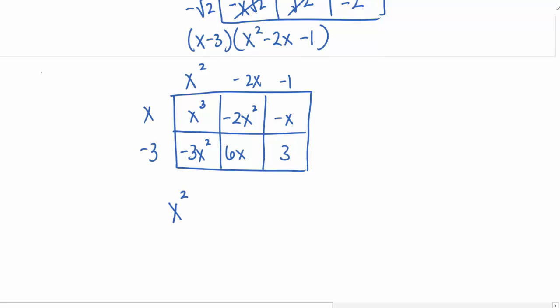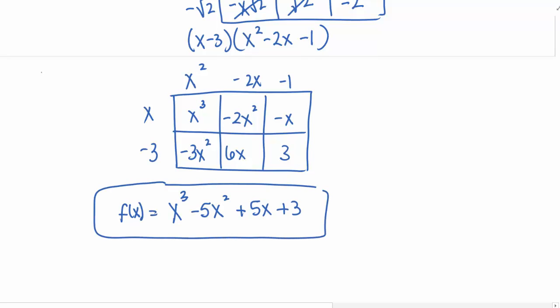I have x to the third. Negative 3 minus 2 is negative 5x squared. 6 minus 1 is 5x plus 3. So f of x equals x to the third minus 5x squared plus 5x plus 3.